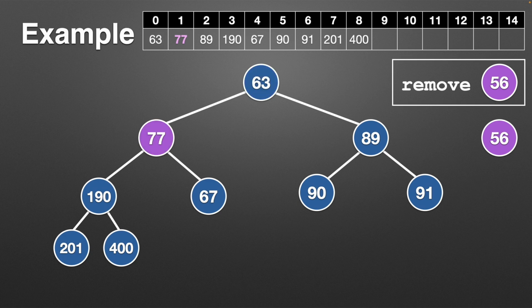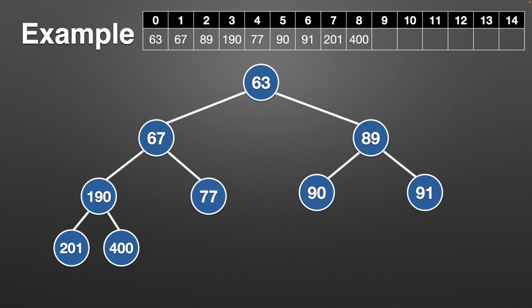So we get that, where we swap 63 in that direction. And then now we have 77 here. And we choose the smaller of the 2 children, which is 67 in this case. And we need to swap that as well. And now we're at the leaf there. And so that is as far as that will go. And so now you've maintained the heap property and removed the top node.